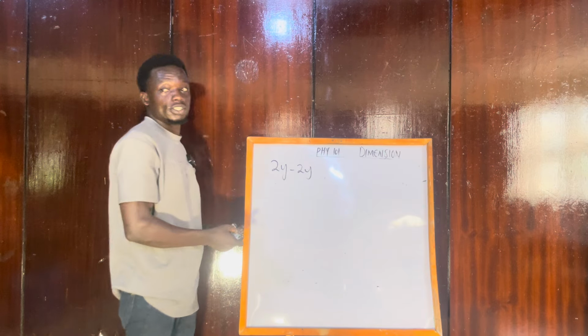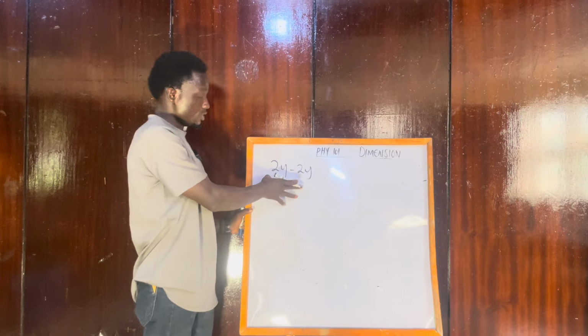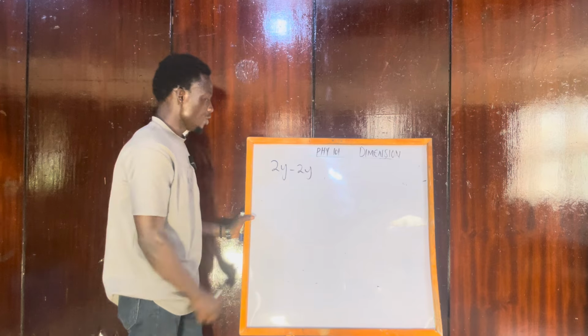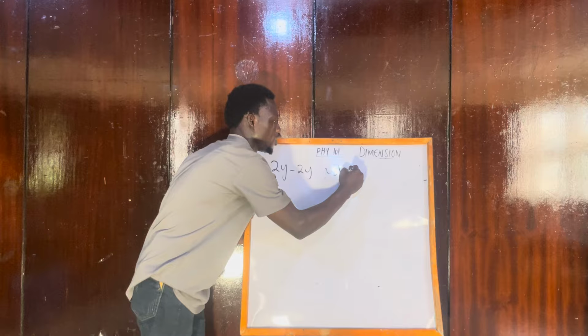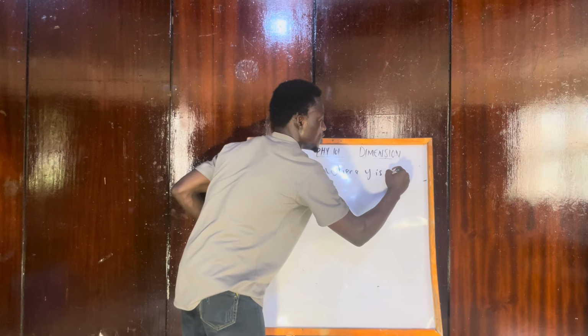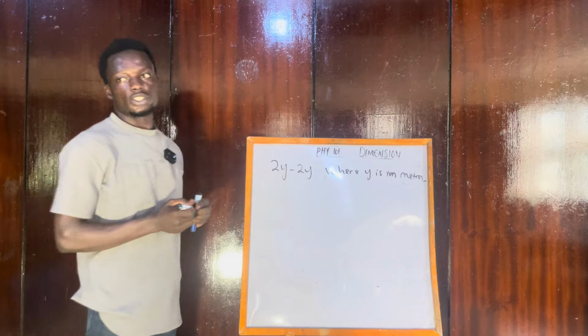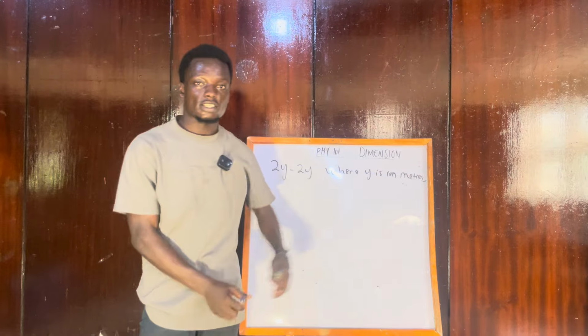You should find the dimension. Say 2y minus 2y. Find the dimension of this particular expression. Are we together? Where y is in meters. Find the dimension of 2y minus 2y where y is in meters.